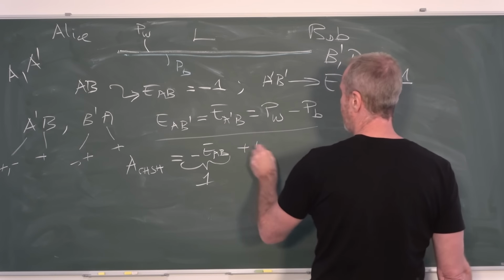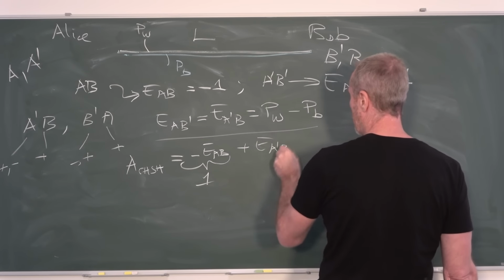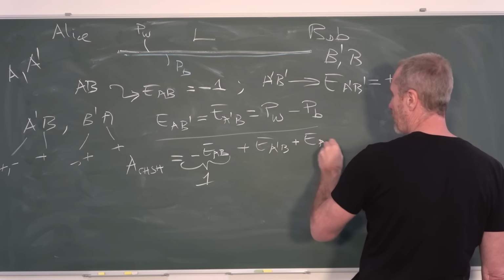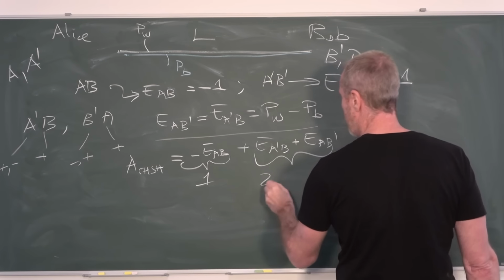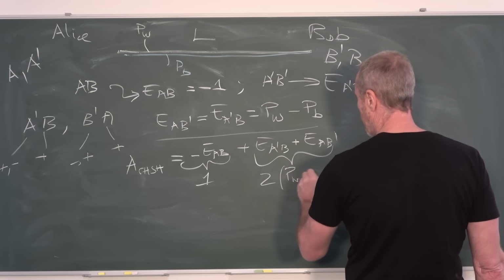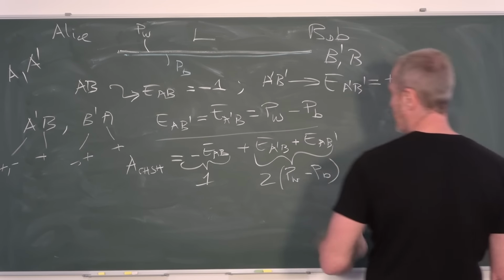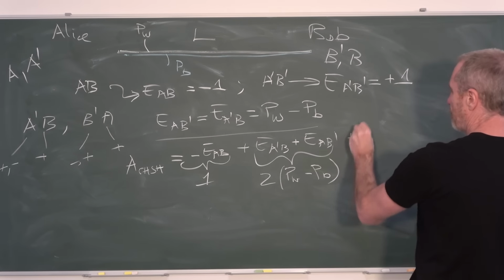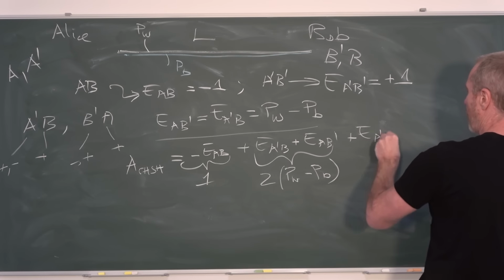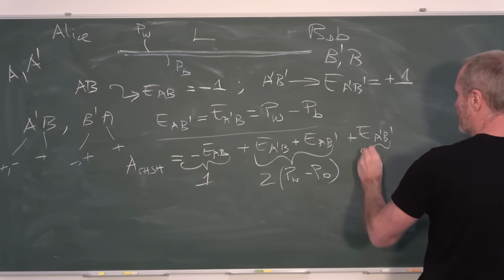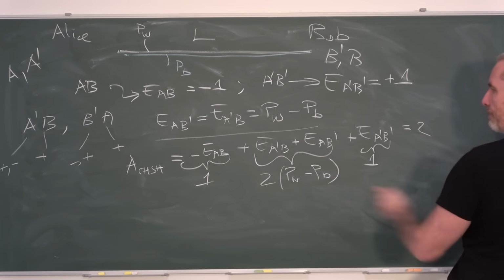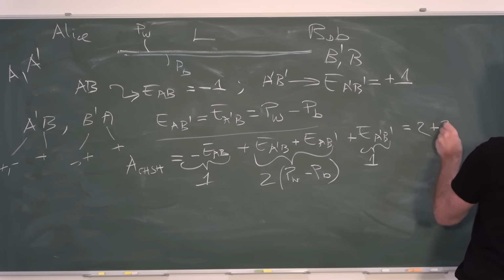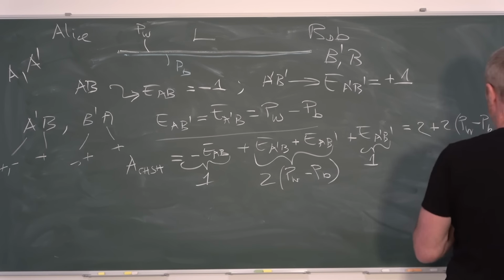Then we have these two quantities, and these two quantities now are twice P white minus P blue, and the last term, of course, is A prime B prime, and this is, of course, 1. So we have 1 plus 1 is 2, plus 2 P white minus P blue.